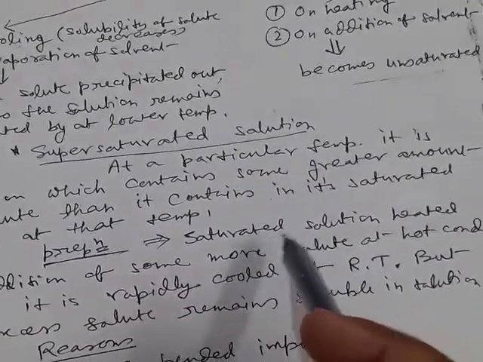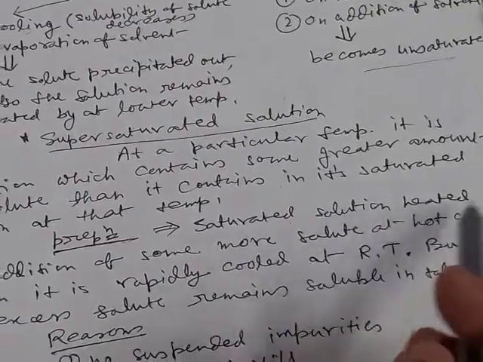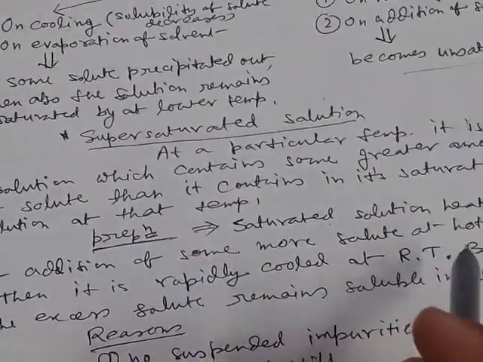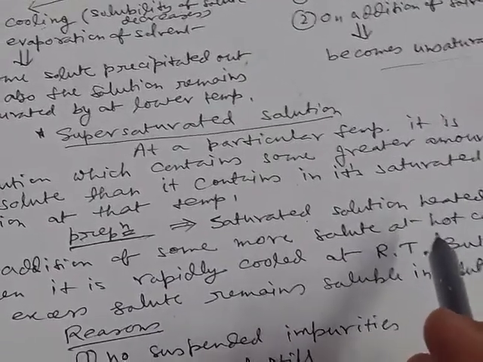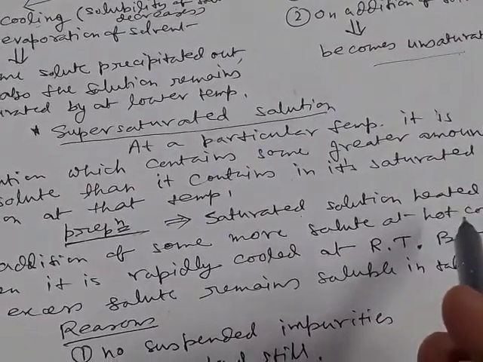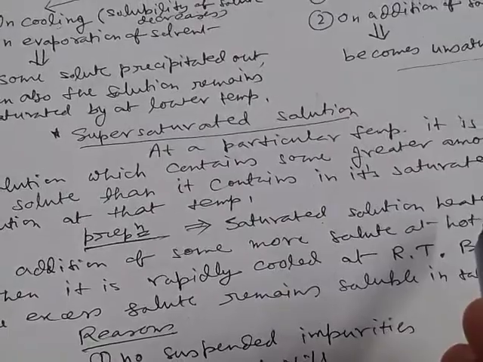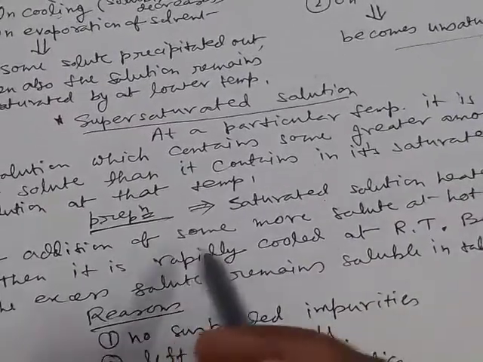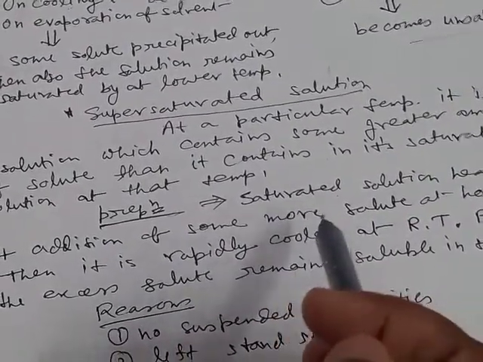Say we prepare a saturated solution of NaCl at room temperature. Then the solution is heated up to a certain temperature, and in the hot condition, as solubility increases, some more NaCl is added.